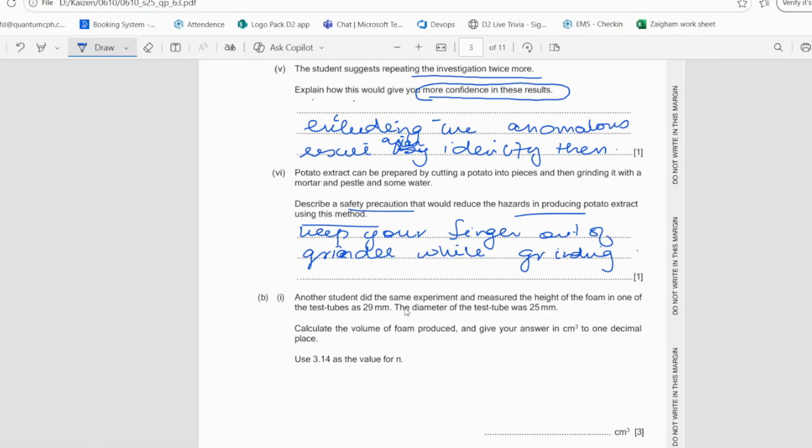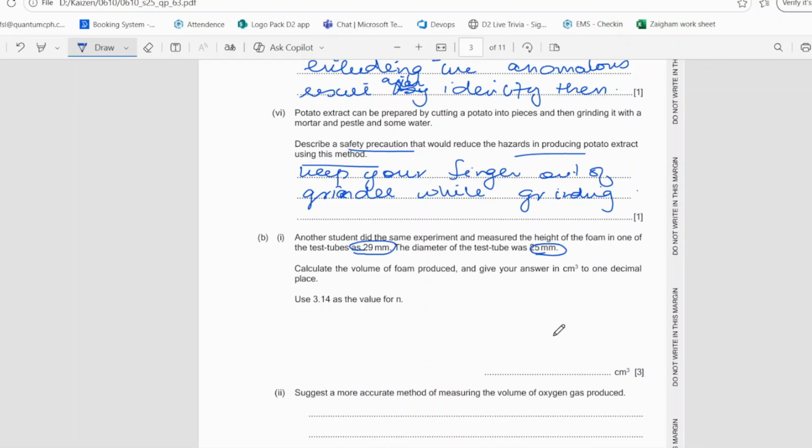Next one is, another student did the same experiment and measured the height of the foam in one of the test tubes as 29 millimeter and the diameter of the test tube was 25 millimeter. Calculate the volume of foam and give your answer in cubic centimeter. First of all, we need to convert them into centimeters. How can we do that?